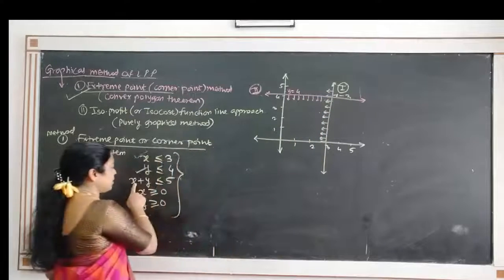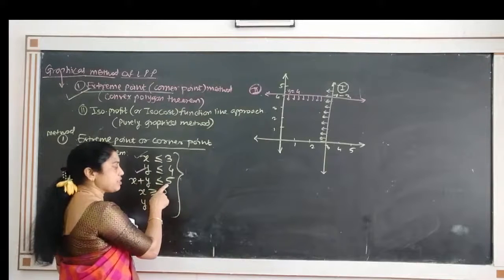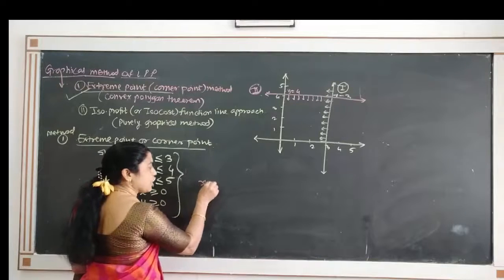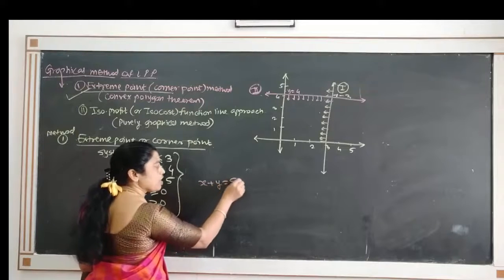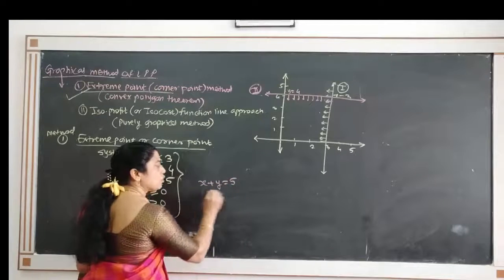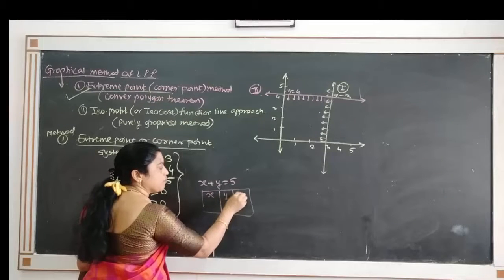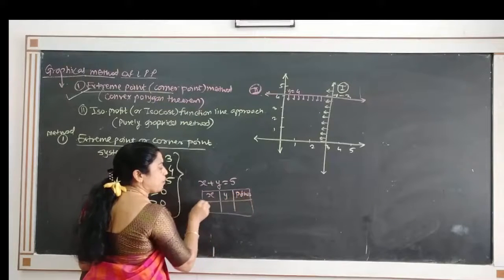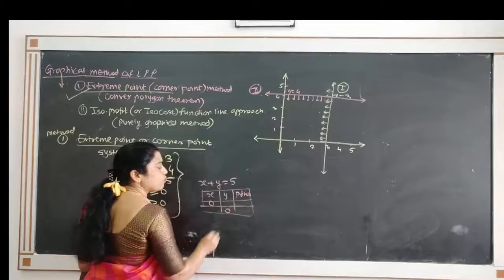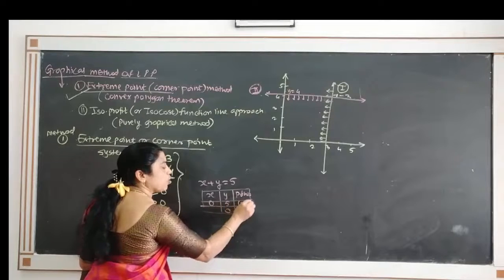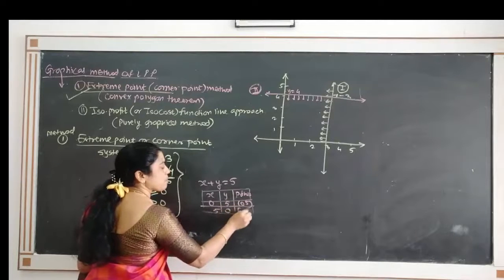Now the next constraint is x plus y less than or equal to 5. We write down the constraint as an equality, that is x plus y equal to 5. As usual we take two points, values of x and y, and we get the corresponding points. By substituting once x equal to 0 and once y equal to 0, we get the points 0, 5 and 5, 0.